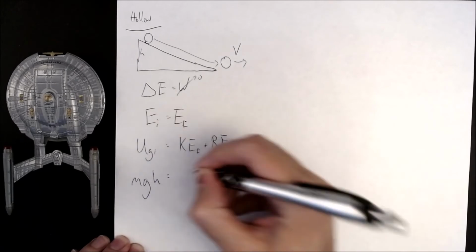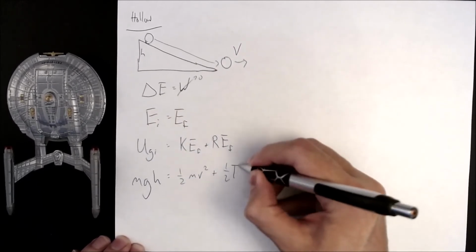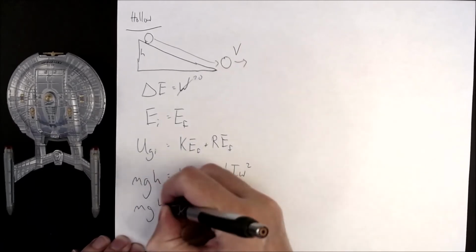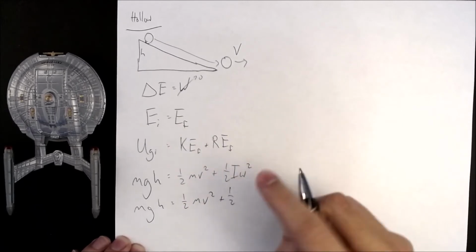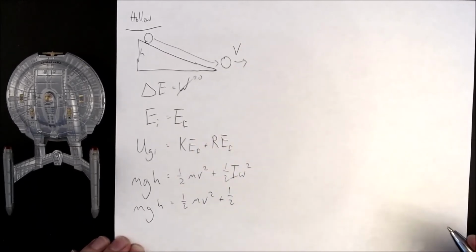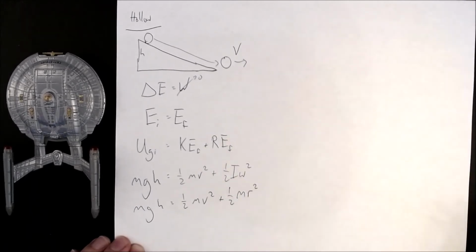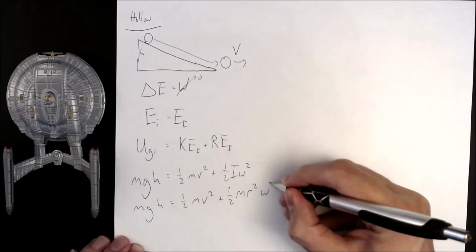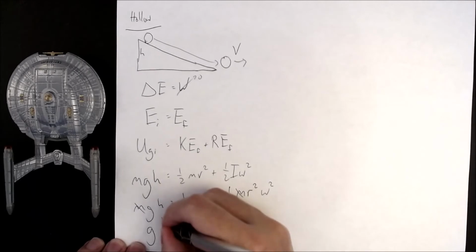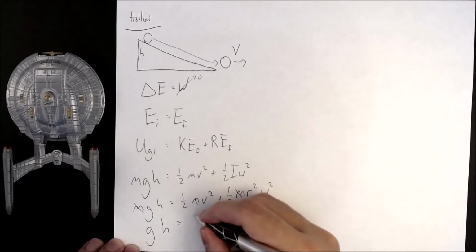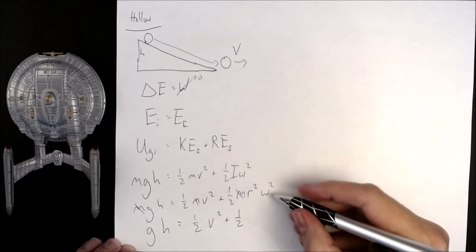Therefore, mgh will be 1/2 mv squared plus 1/2 I omega squared. mgh is equal to 1/2 mv squared plus 1/2 times I, and the moment of inertia for a hollow cylinder is just mr squared, no fraction in front of it, times omega squared. The m's cancel again, leaving us with gh is equal to 1/2 v squared plus 1/2, what was omega?